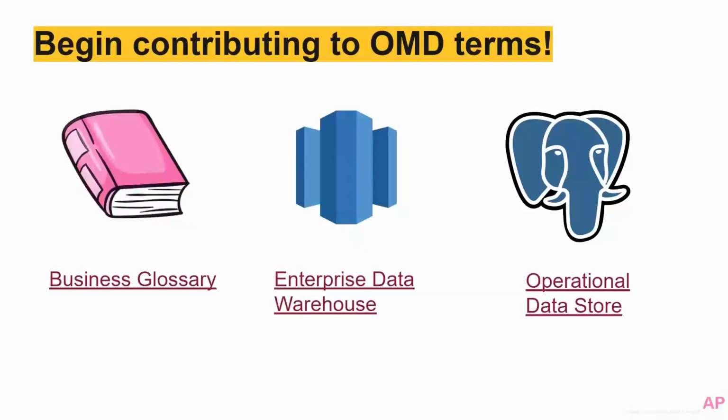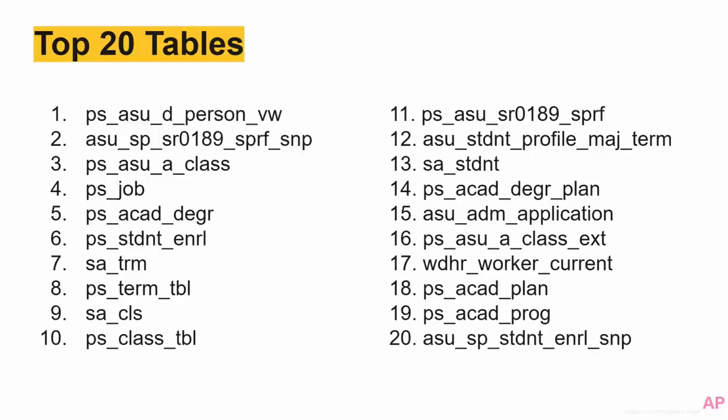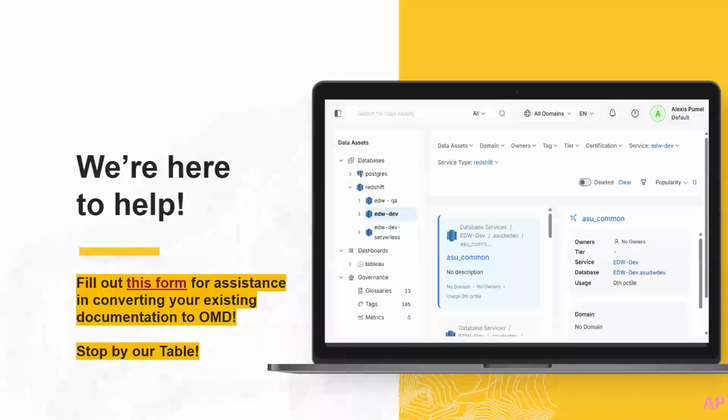If you're interested in learning more about open metadata, there is a table in the back of the same hall that we just had the opener in. Come by. For some context, what we're targeting for our first launch, we want to completely document our top 20 tables. These are them. So if you are the steward of any of these tables, we will be here to help.